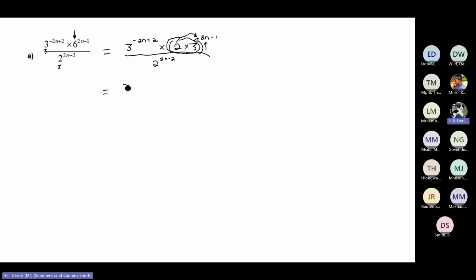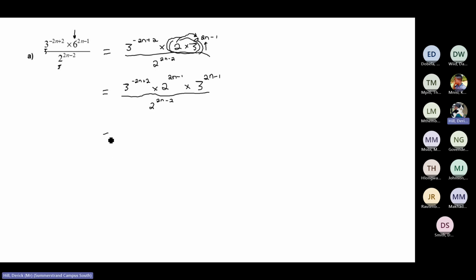So over here, I'm going to have 3 to the power of minus 2n plus 2. We haven't touched that yet. Times 2 to the power of 2n minus 1 times 3 to the power of 2n minus 1. And that is still all over 2 to the power of 2n minus 2.